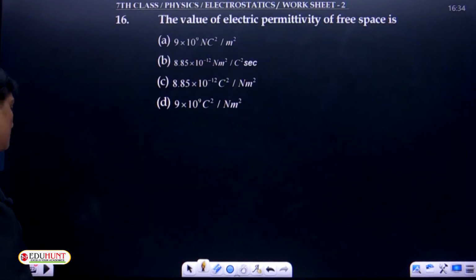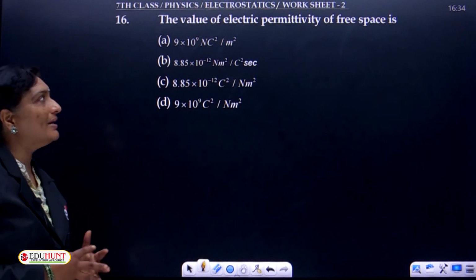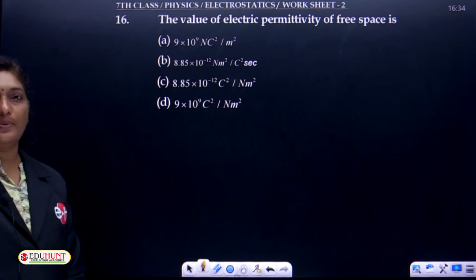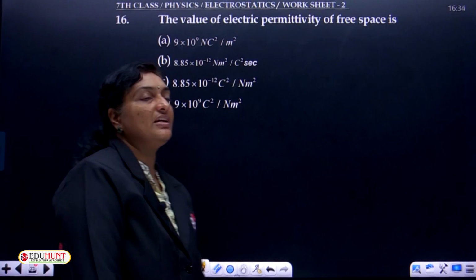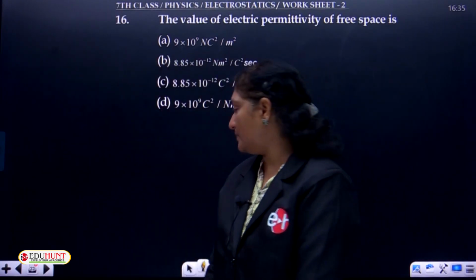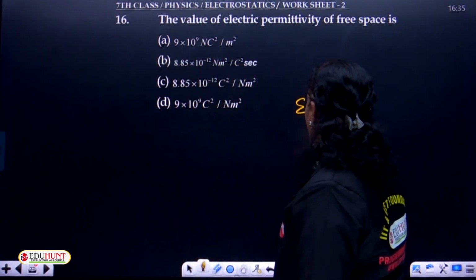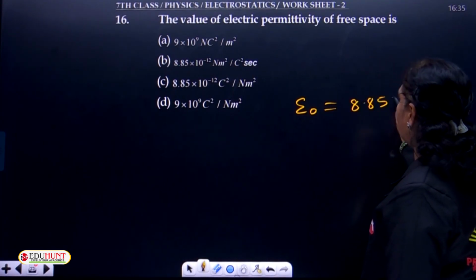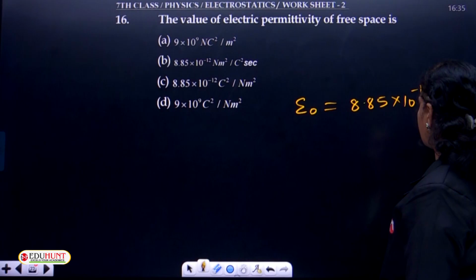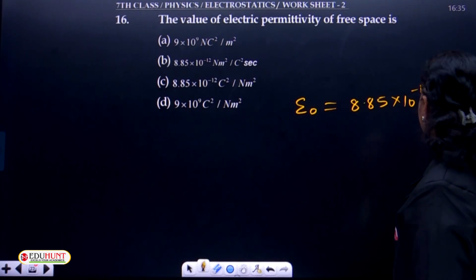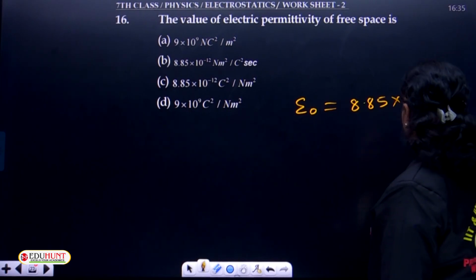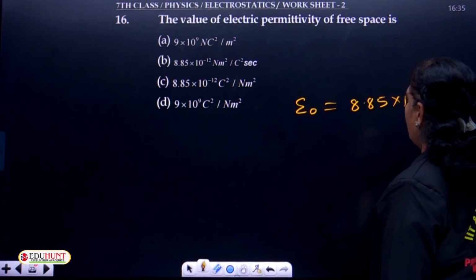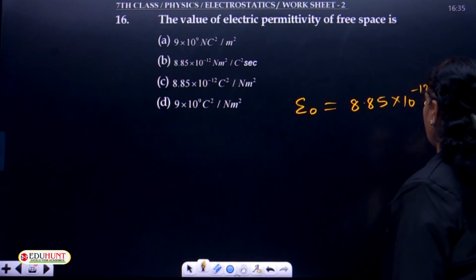So moving to the next question, question number 16. The value of the electric permittivity of free space is indicated with the letter epsilon naught. In vacuum, its value is found to be 8.85 into 10 power minus 12 Coulomb square per Newton meter square.